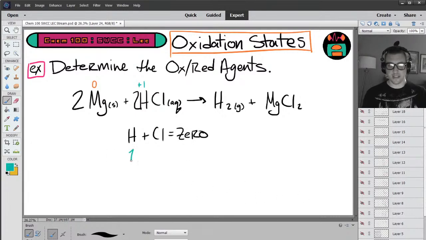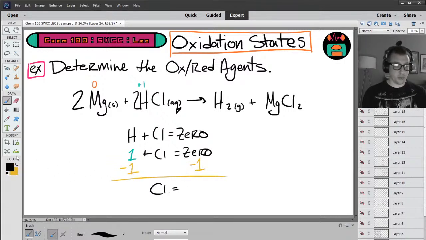So hydrogen is +1 plus chlorine equals 0. And now we can solve for chlorine by subtracting 1 from both sides of this equation to give us chlorine has an oxidation state of -1. So H is +1, Cl is -1.